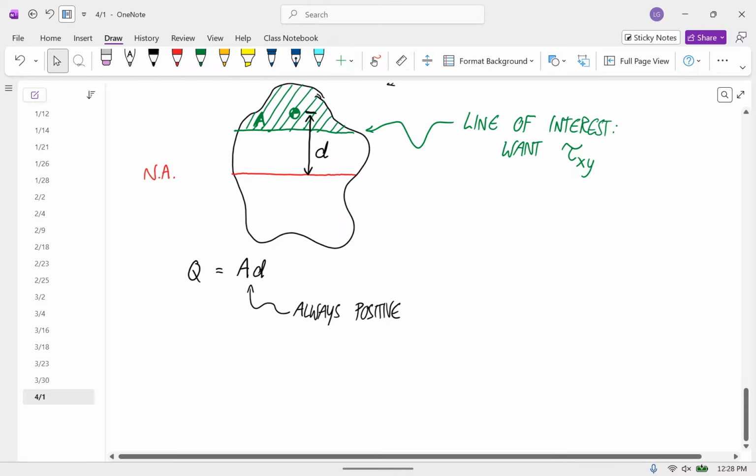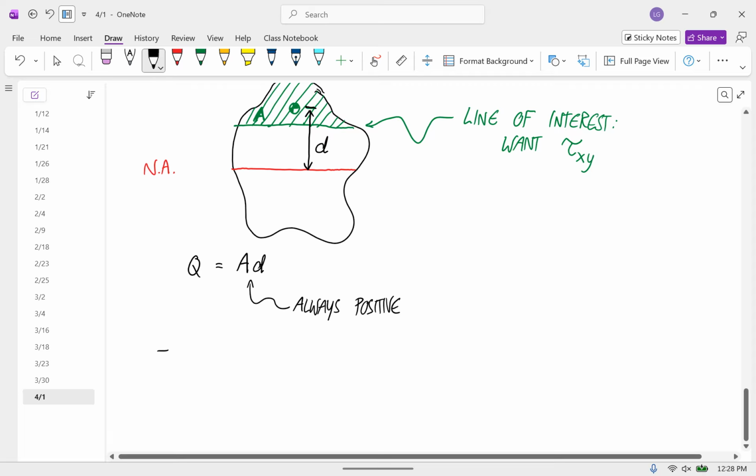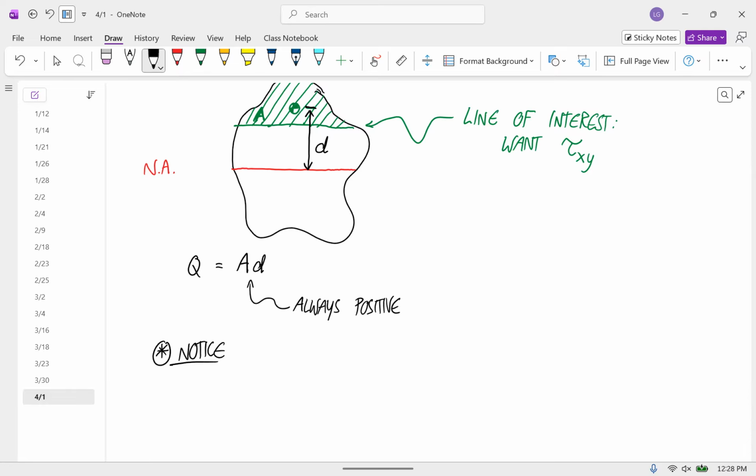One interesting factoid that you can prove about this: you always get the exact same answer using the area below your line of interest. So you can do it that way too. It might be helpful in some cases where your line of interest is below the neutral axis.